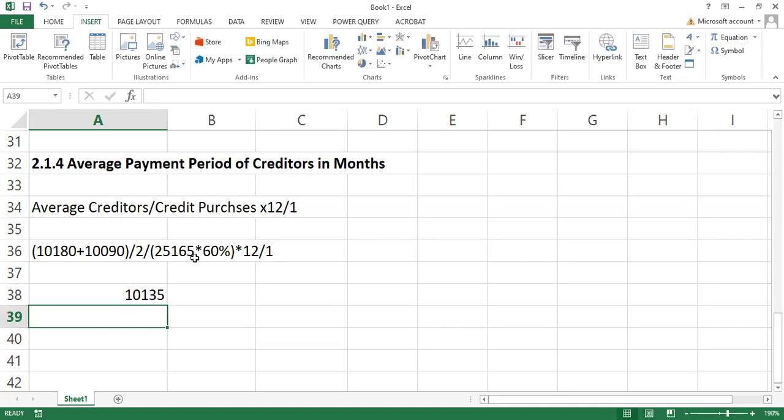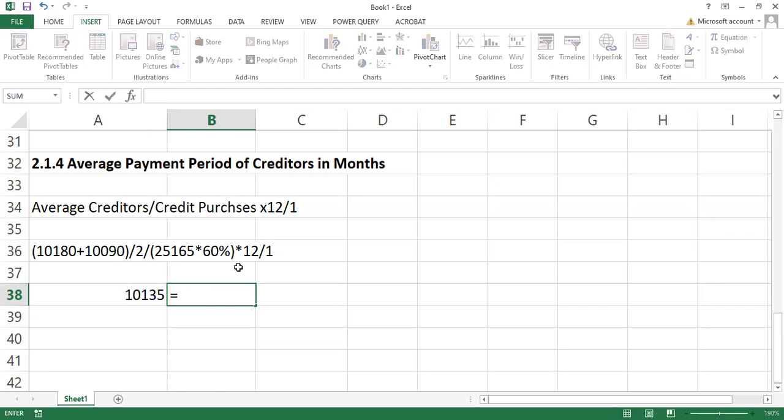So our average is 10,135. So let's just calculate our credit purchases. We are going to say is equal to 25,165 multiplied by 60%. So that is our amount.